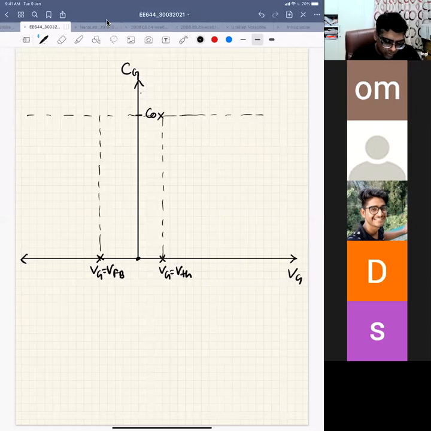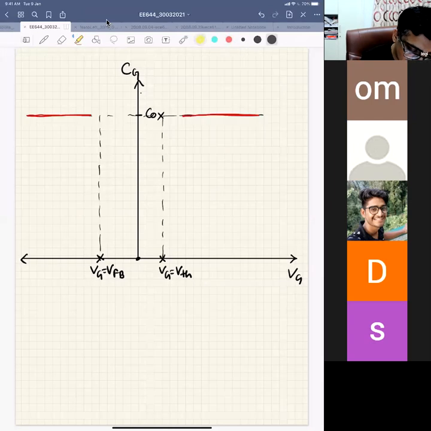So this part is accumulation, so your capacitance is Cox. And this part is inversion, your capacitance is Cox. But in between, in this region, your transistor is in depletion.